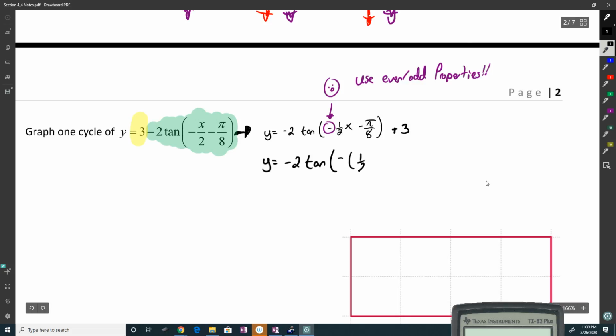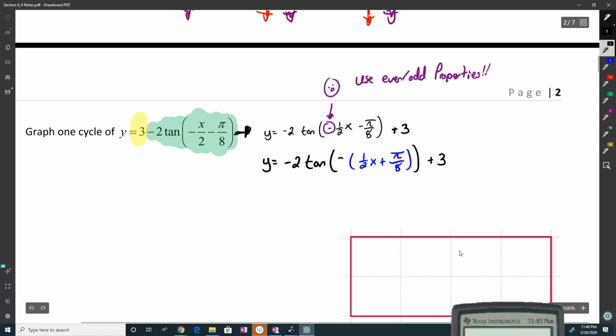And I end up with 1/2 x plus pi over 8 plus 3. So in order for you to use your even or odd properties, the negative has to be multiplied to everything on the inside, which means that you have to factor the negative out.